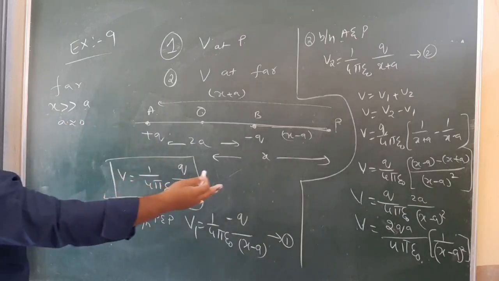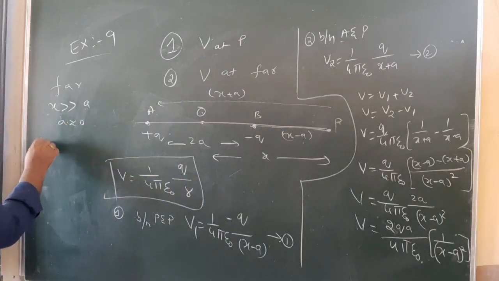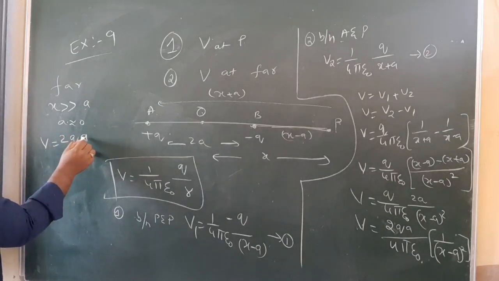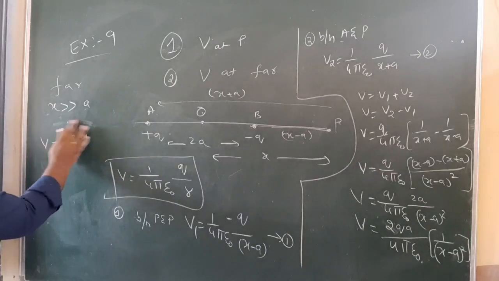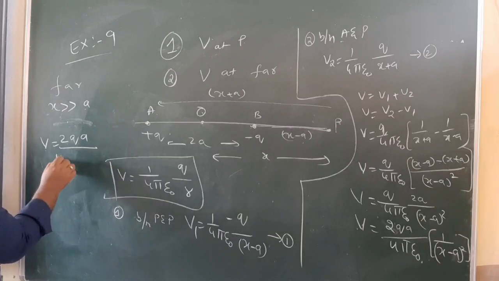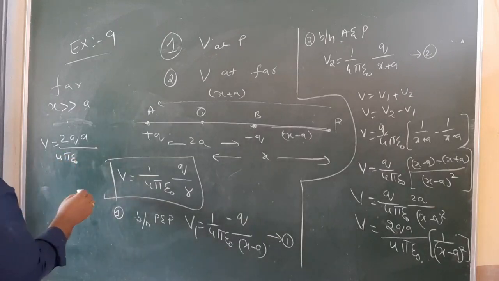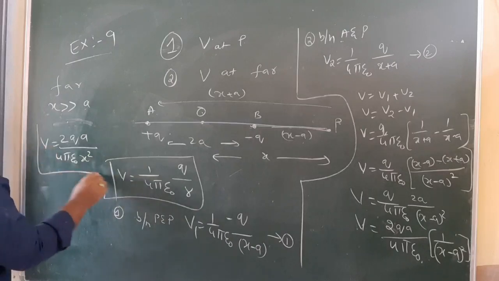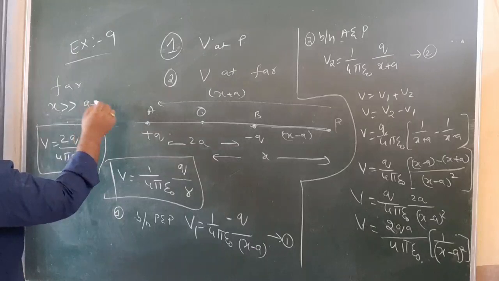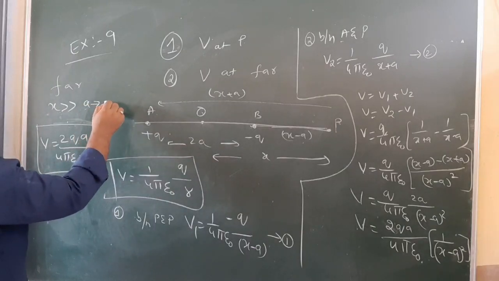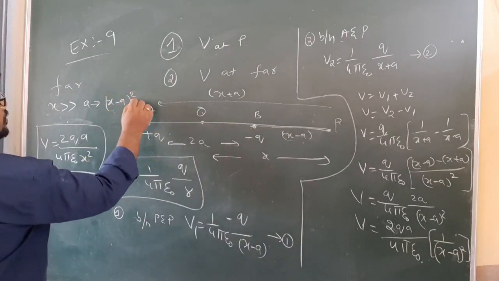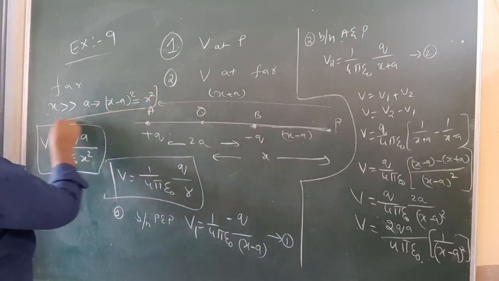So we substitute in that equation V is equal to 2QA, and we do not take the A value in the denominator. So 2QA divided by 4 pi epsilon naught x squared, because x is very much greater than A, the expression x squared minus A squared becomes x squared.